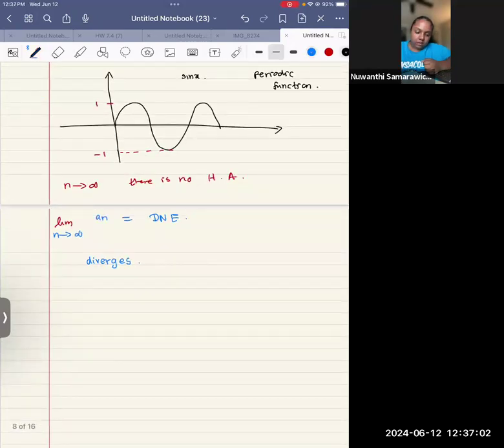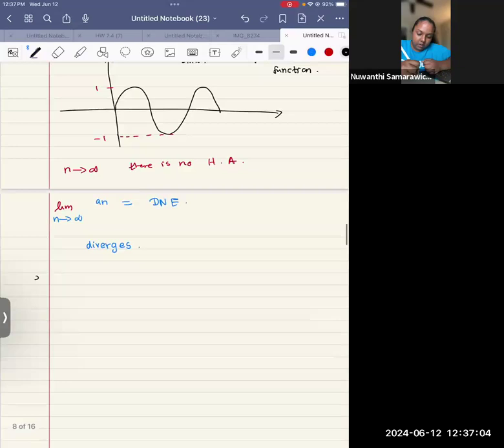Now let's do another example. What about a sub n equals sine n over n?